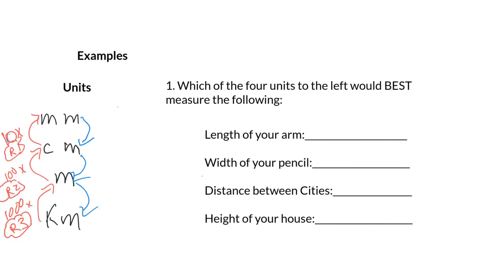Now, when we're going the other direction, we just have the opposite of multiplication, which is division. So we divide by 10, divide by 100, divide by 1,000. And instead of moving right, we move left 3, left 2, and left 1 for every decimal.